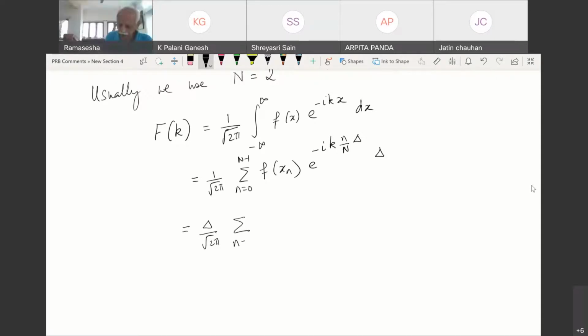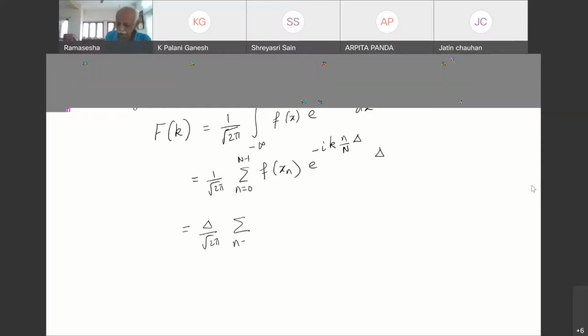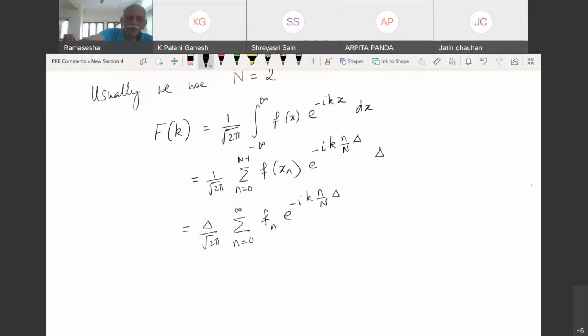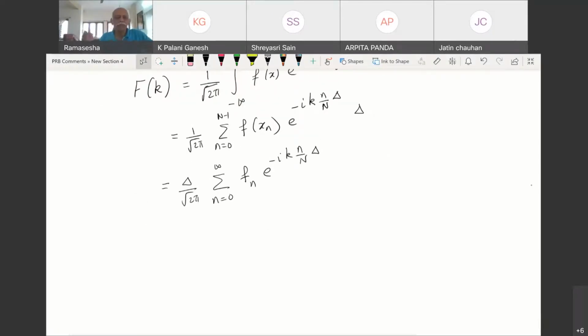Now you see, if you have data only at discrete points, you cannot get the Fourier transform at all the continuous values. So k has to be discretized.